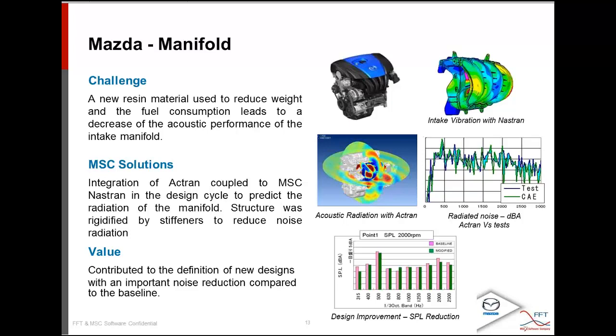With Actran, you can use vibrations computed by an SAE software for predicting radiating noise and the contribution of several engine parts to this radiating noise. There is good correlation with experiments, which can be seen on the graph on the right. And so with Actran, Mazda succeeded in achieving its challenge, reducing the weight and reducing the noise.